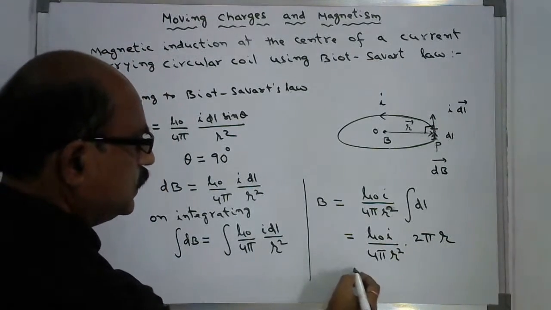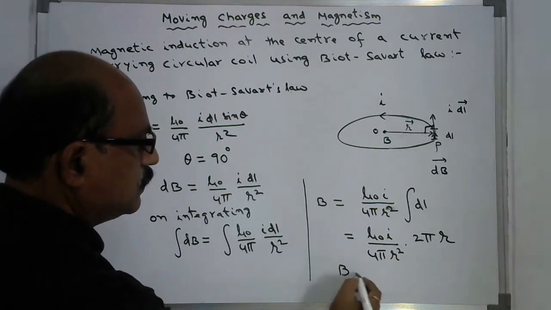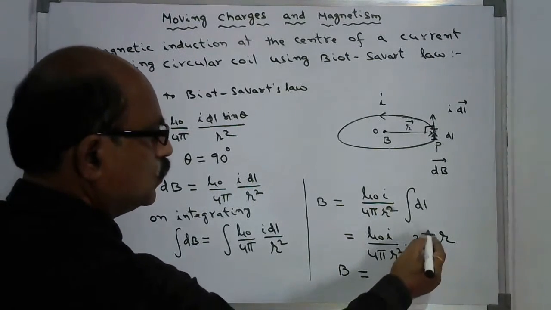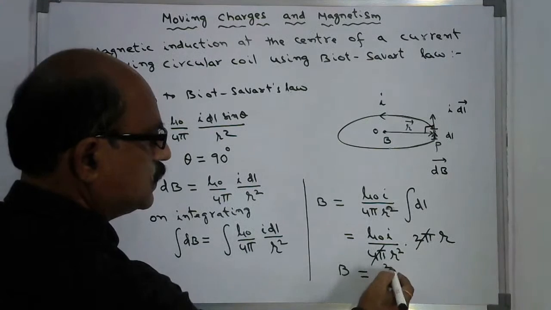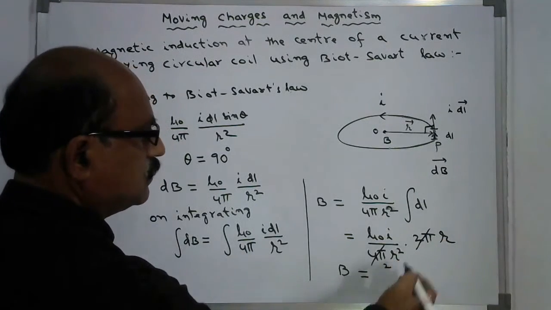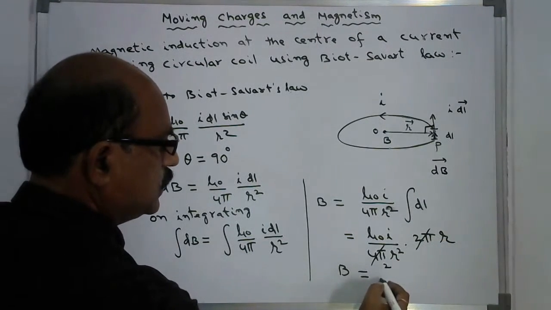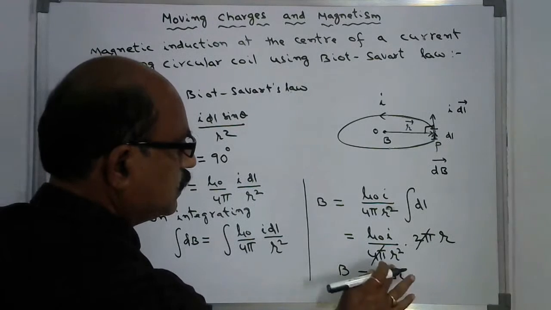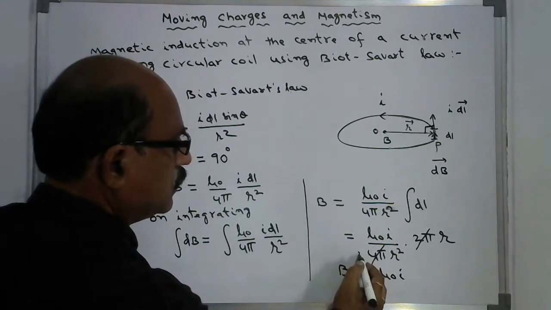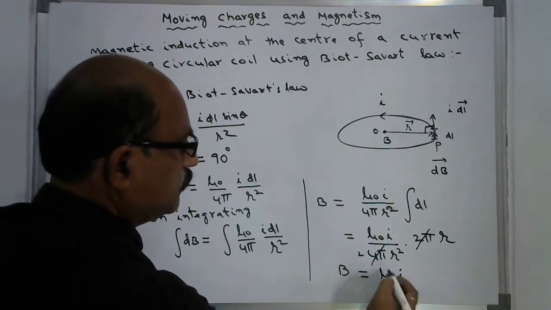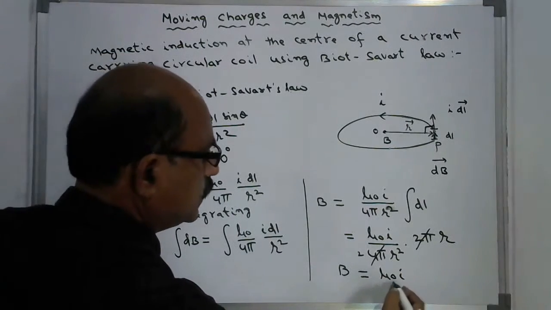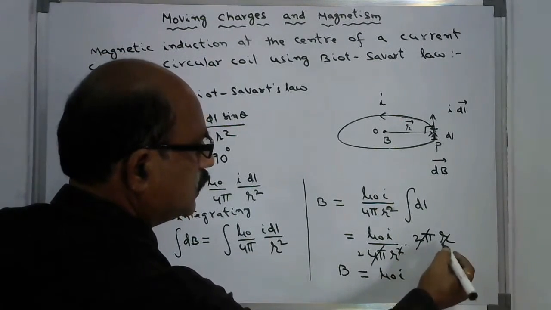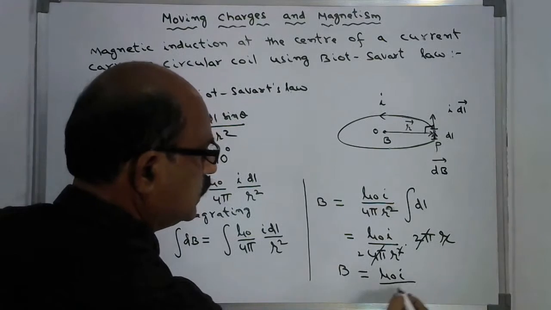So finally we can write B is equal to, the 2 cancels, and r square and r can be cancelled, so we will be getting 2r.